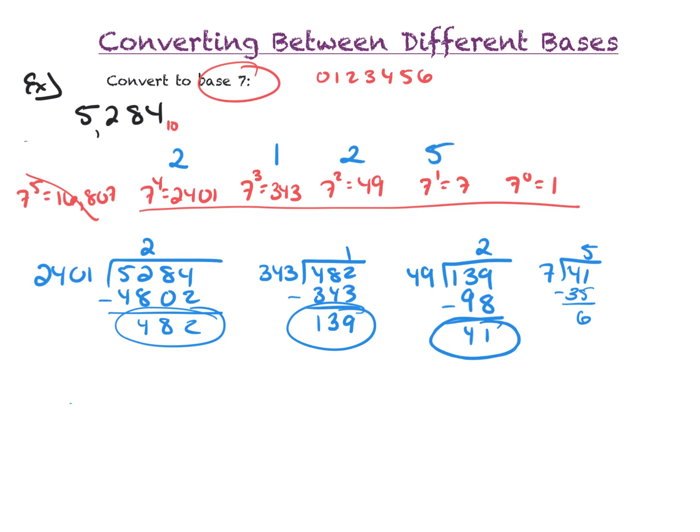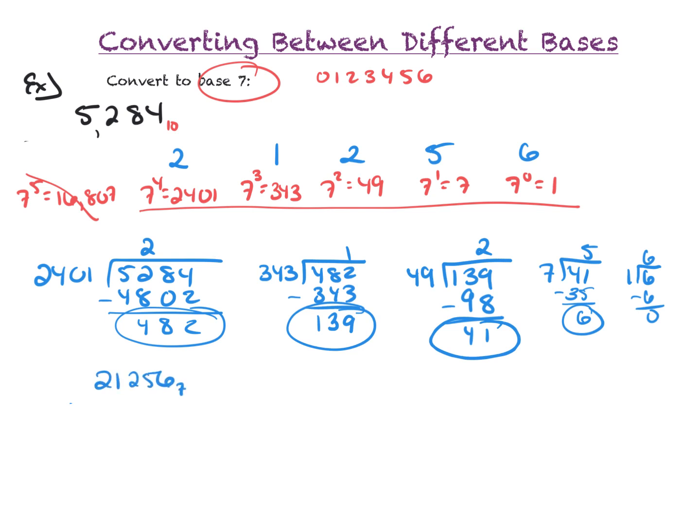And then finally, last but not least, if you want to see how many 7 to the 0s, you probably don't need long division, but 1 goes into 6 6 times, remainder 0. You'll always get a remainder 0, but this remainder at your 1 spot will always be the last digit.